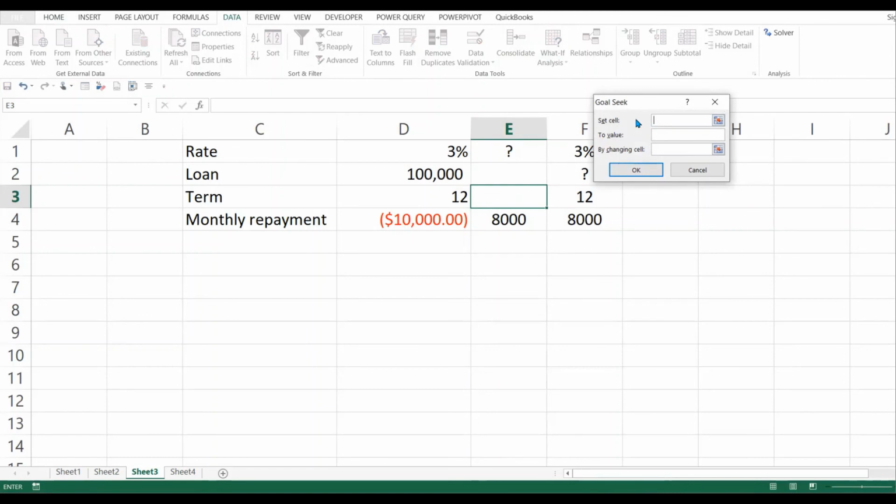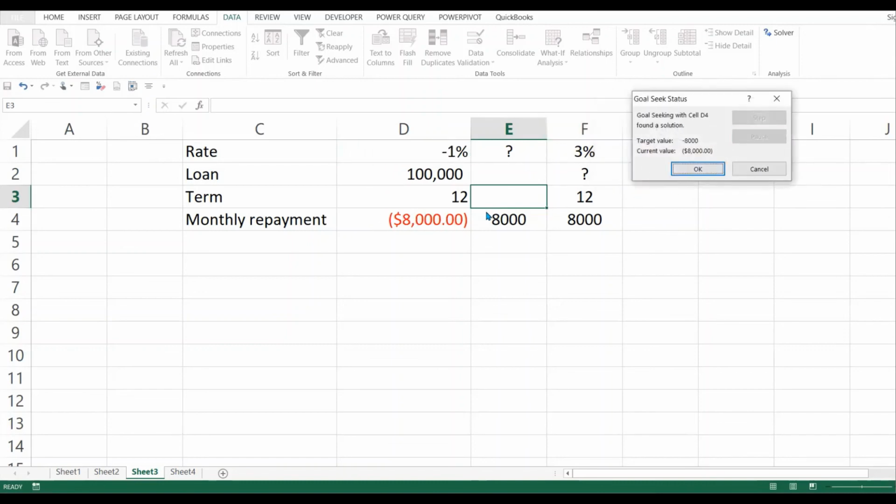So I click there, click on my result. Now I want to set this result to 8,000. So I come here, it is minus 10, so I put minus 8,000, like so. By changing what cell? By changing this cell here, which is D1. I'm not changing this, but I'm changing this. So I put that.